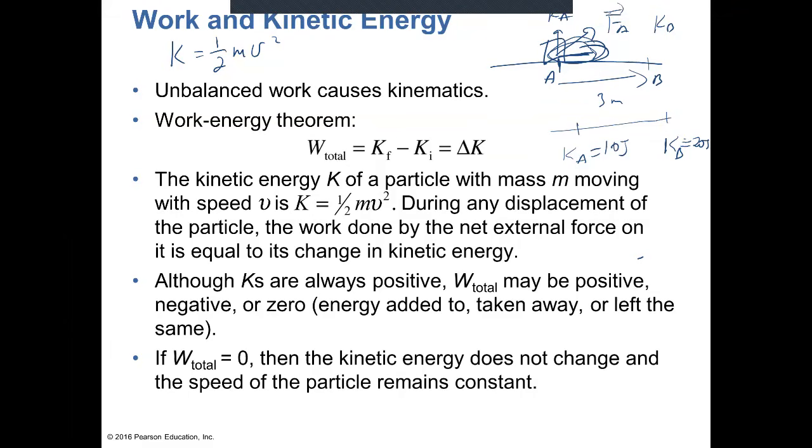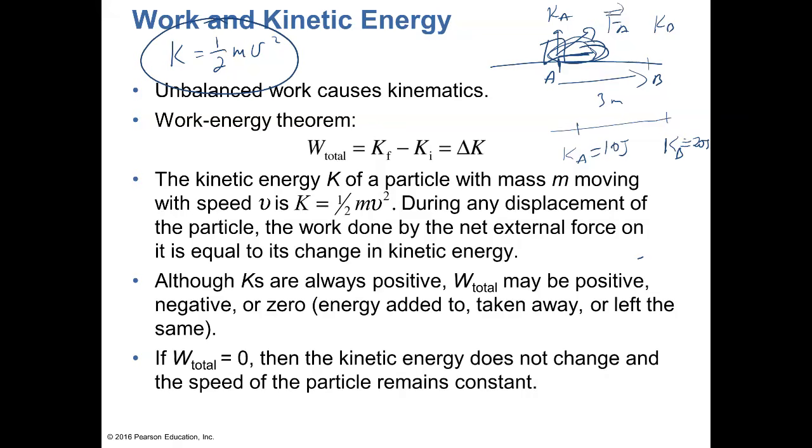Here's the kinetic energy: 1/2 mass times speed squared. When you gain kinetic energy, it doesn't go into changing the mass. It goes into changing your speed. So if you have more of it, you're going to be moving faster than before.